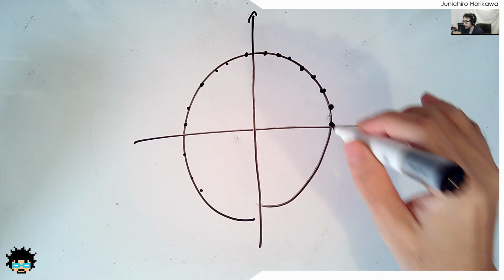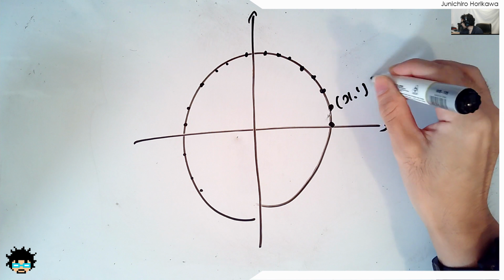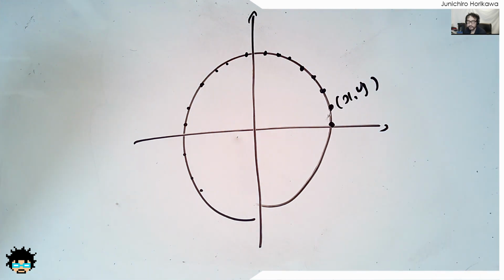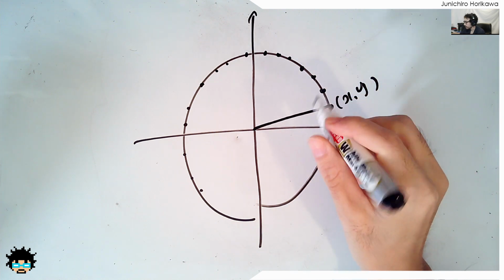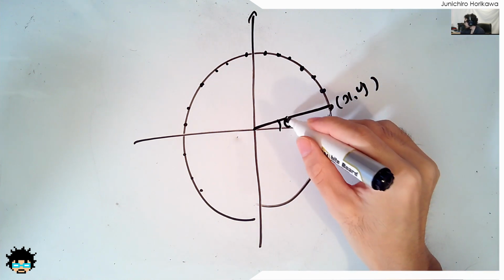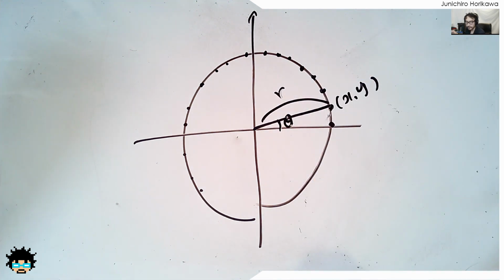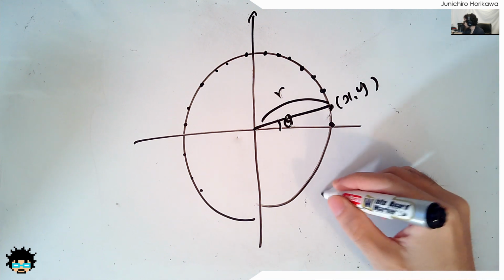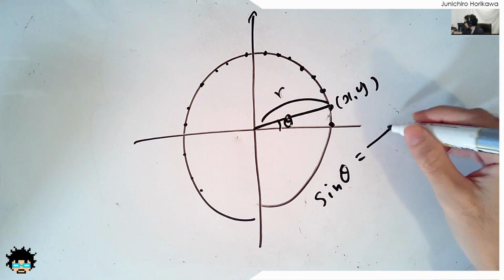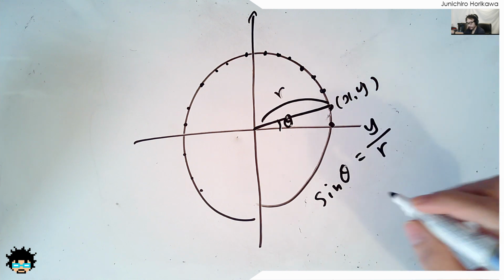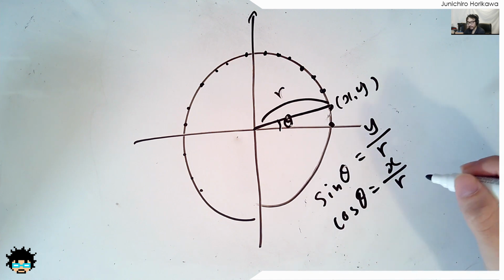Right, so the essential thing is to know the coordinate for each point, like x, y. And you can estimate this coordinate position if you know the angle information right here, and also the radius of the circle. As I explained previously, when you calculate sine theta, the value is y divided by r. If it's cosine theta, then that is x divided by r.